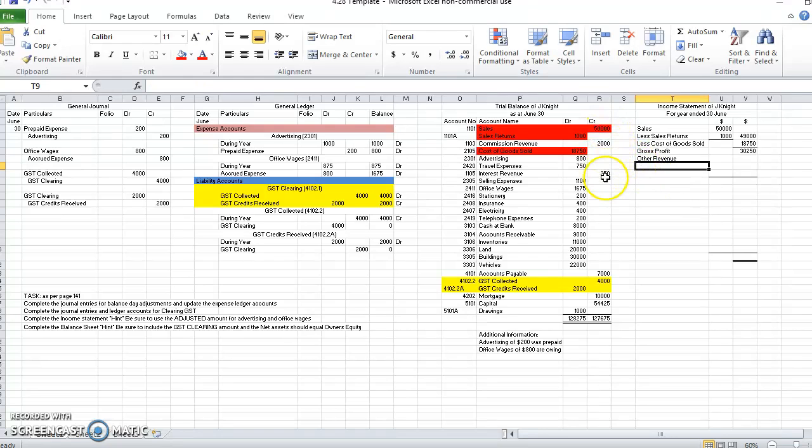Because on the credit side, like revenues, we've got commission revenue, interest revenue, accounts payable are a liability, GST is separate, mortgage is a liability, capital is owner's equity. So we have these two accounts. So we've got commission revenue and interest revenue. Commission revenue of 2,000, interest revenue of 250.